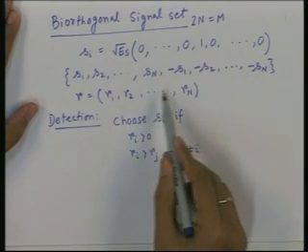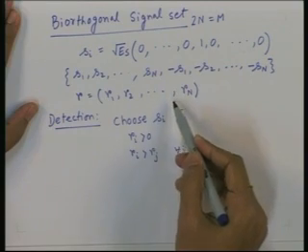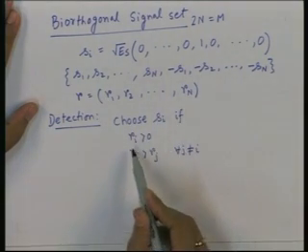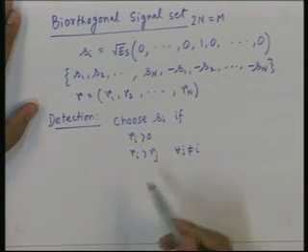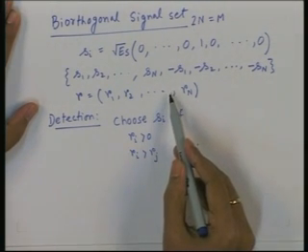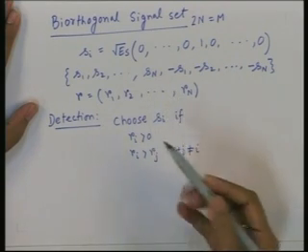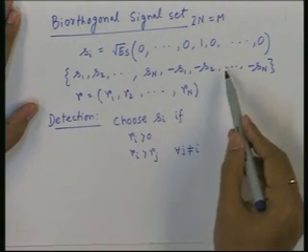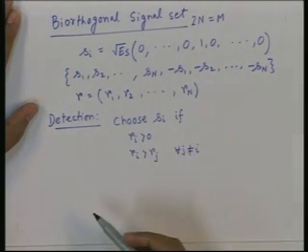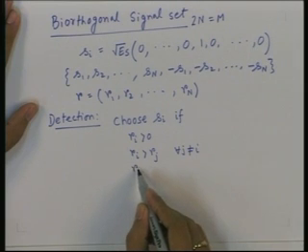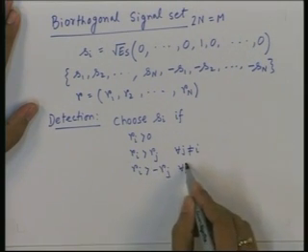That is, there should not be any other component whose absolute value is greater than Ri, even though that value is negative and so is less than Ri. If the value is negative and its absolute value is greater than Ri, then minus of that corresponding signal is a better choice. So, Ri should be greater than minus Rj also for all j not equal to i.